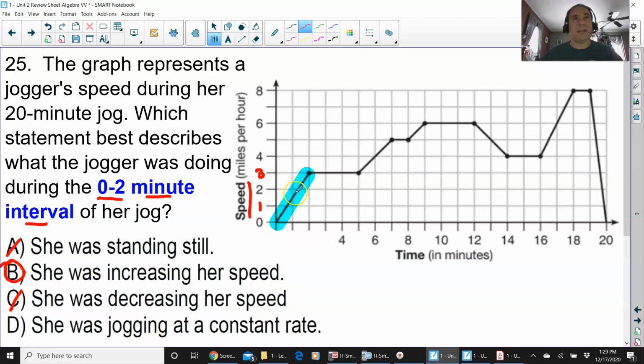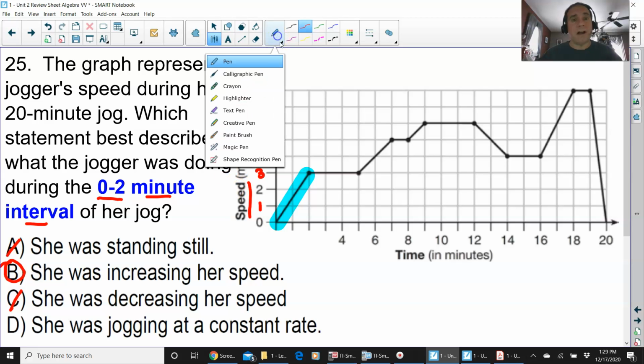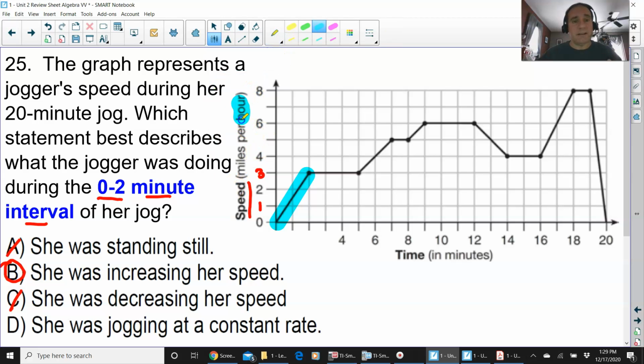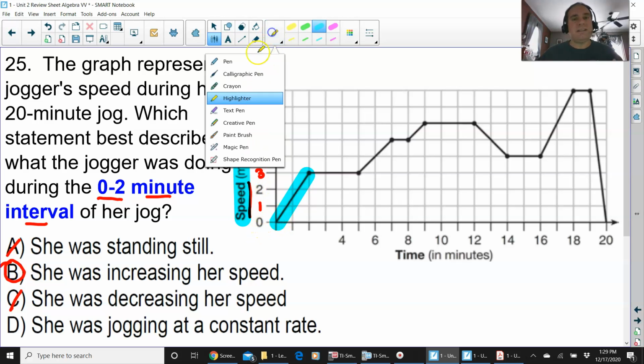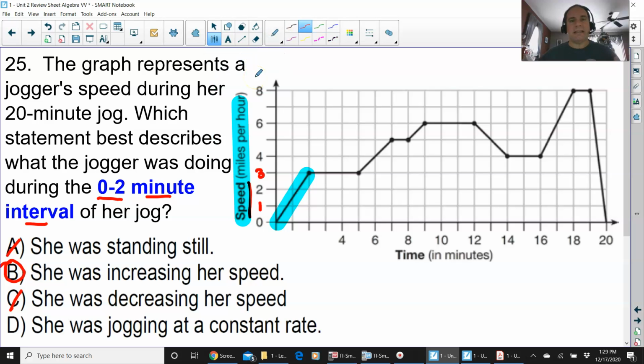Even though this looks like a constant rate, it is not a constant rate. And that's why I said you have to realize what the y and the x represent. If the y represents speed, she is not jogging at the same speed throughout the minutes.